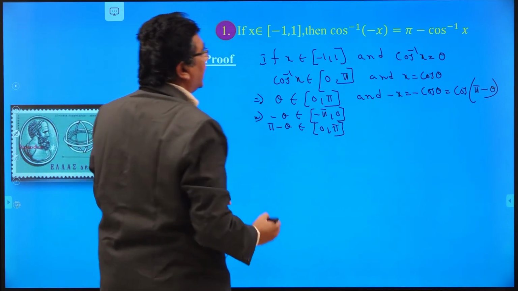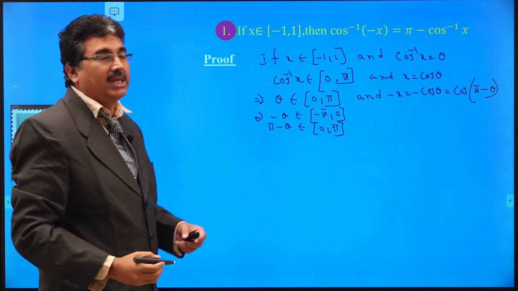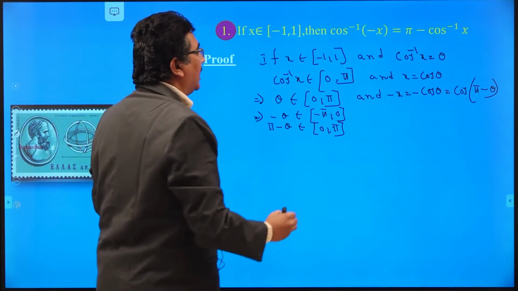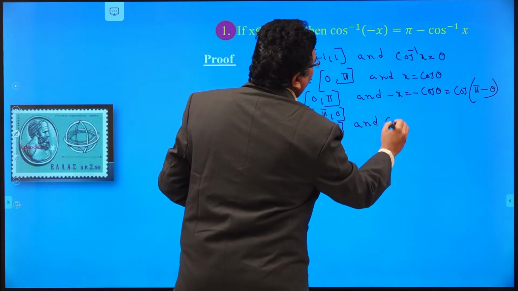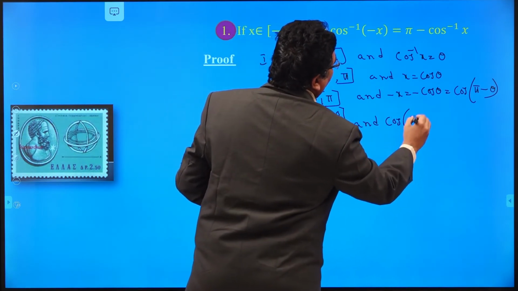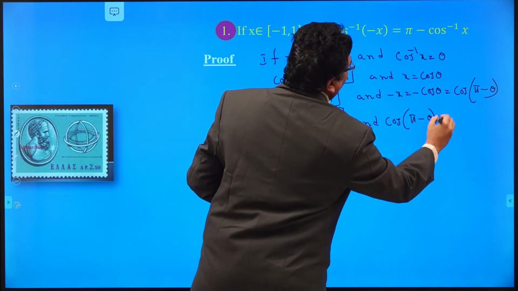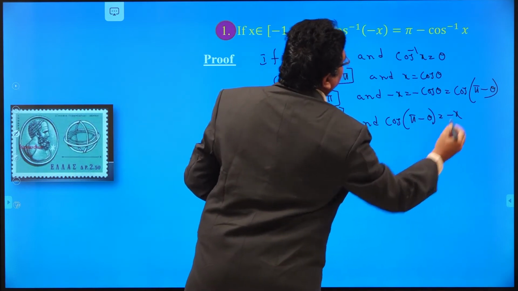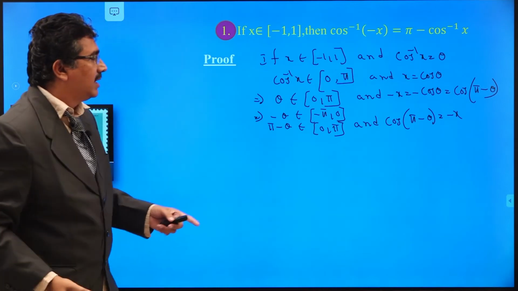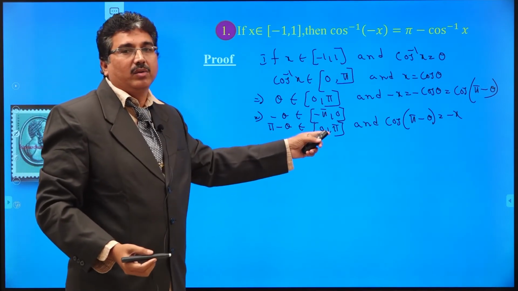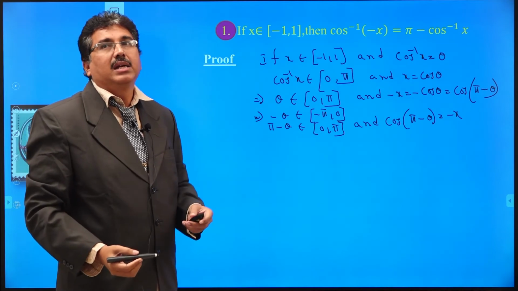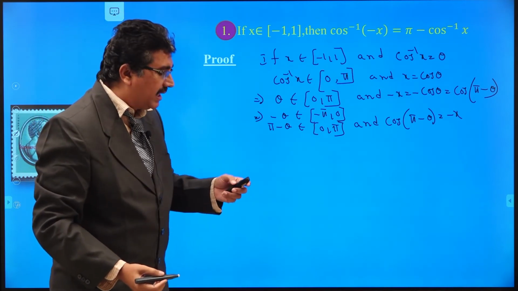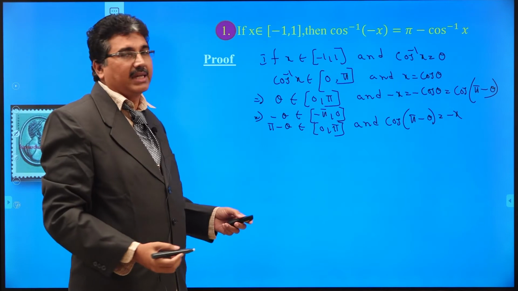Pi minus theta belongs to the closed interval 0 comma pi, and cos of pi minus theta is equal to minus x.